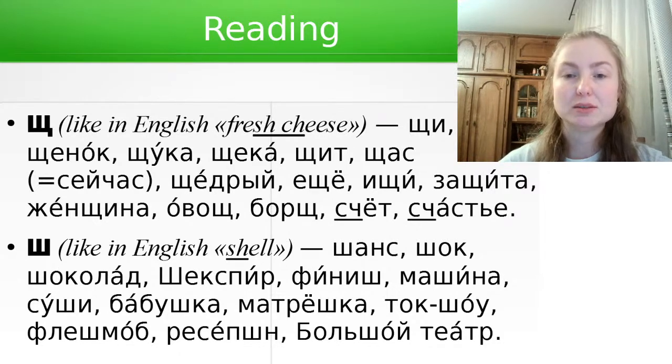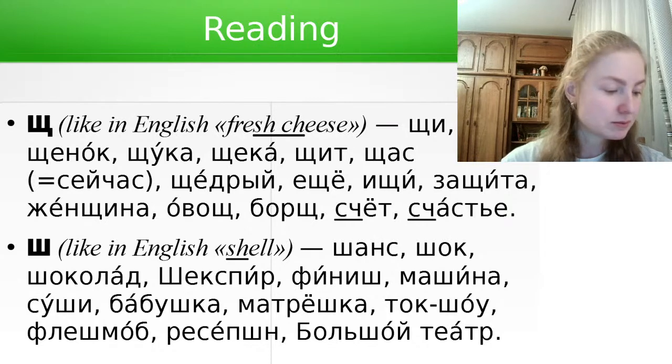Please give me a bill. A very easy phrase that you can use in a restaurant and you don't need to know grammar. And the last word here is счастье, also with combination s and ch that makes a sound sh. Счастье means happiness.